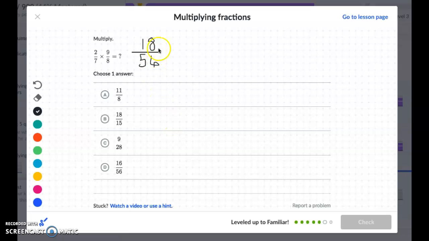Okay, so in this case, I think I'm going to divide by 2 because that's what I see right away. So 18 divided by 2 is 9. And then I can do 56 divided by 2, and I know I can do that because it's an even number. So 56 divided by 2 is 28, and that's still not on there.